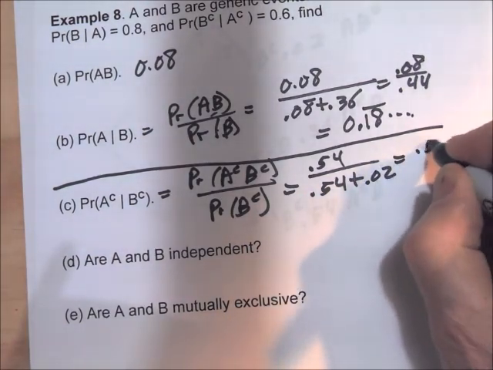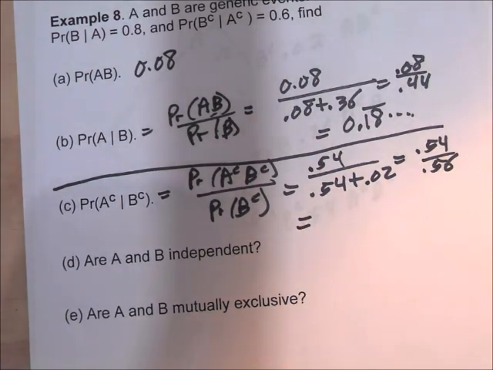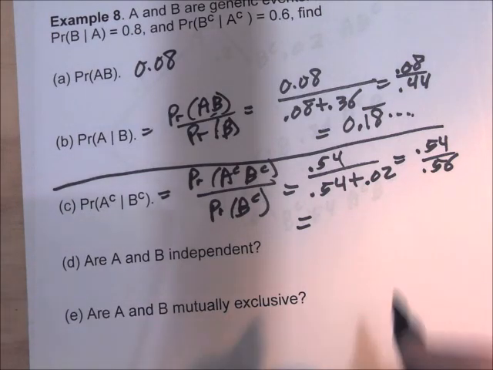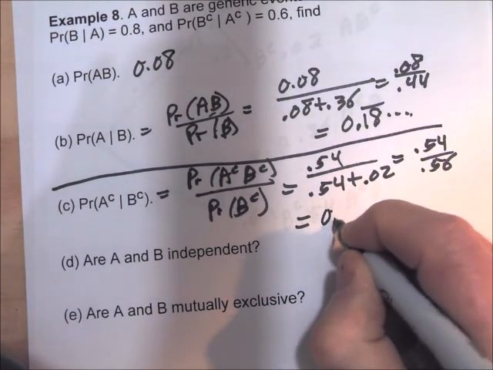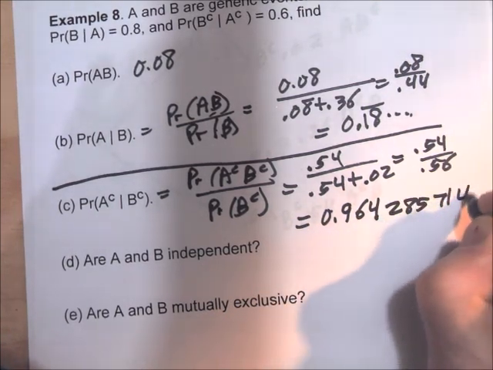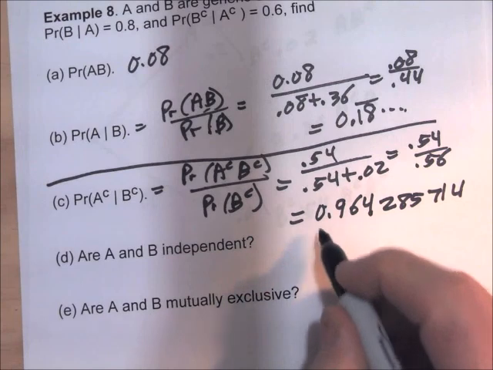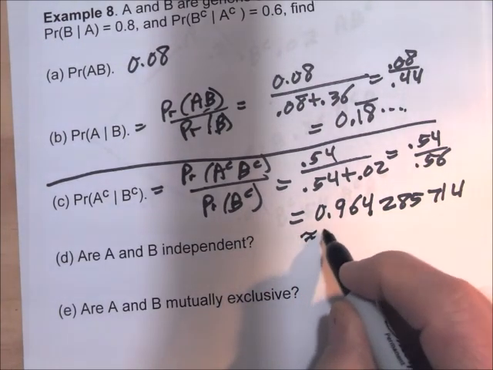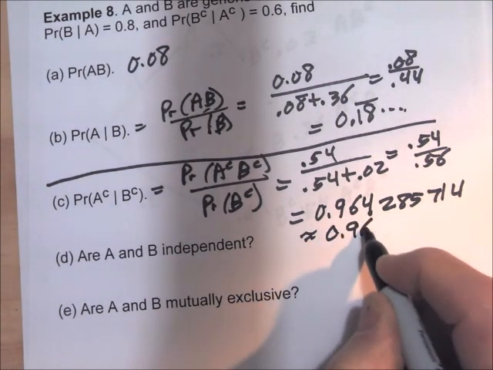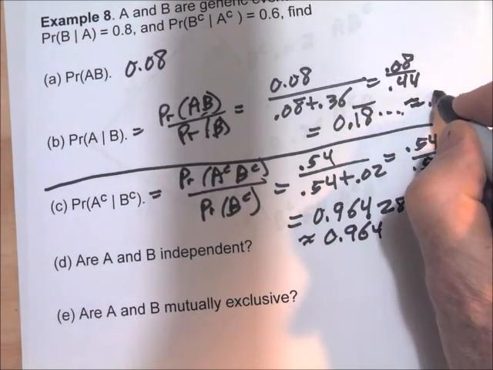So it'll be 0.54 divided by 0.56. I get 0.964285714. Okay, so let's say approximately 0.964, and this is approximately 0.181.